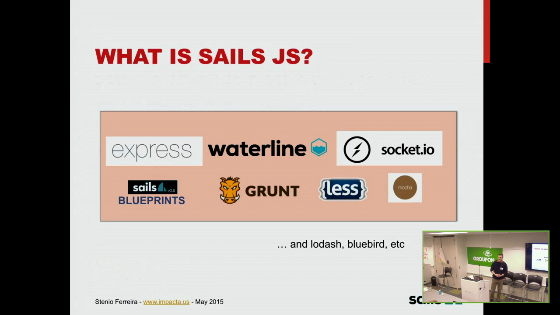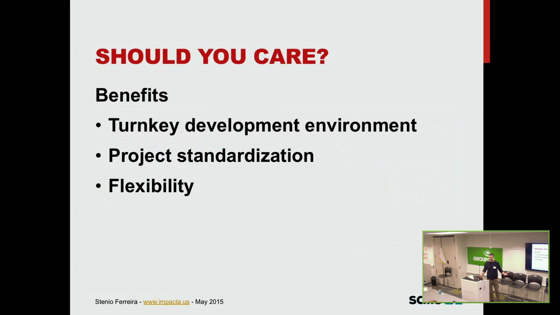Sails's first commit on GitHub was in June 2012. On GitHub, last time I checked, there are 166 collaborators in the project, and it's a cool technology. But why should you care? What are the benefits of Sails.js?